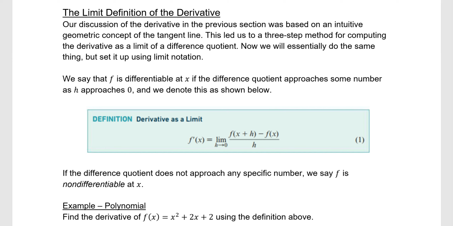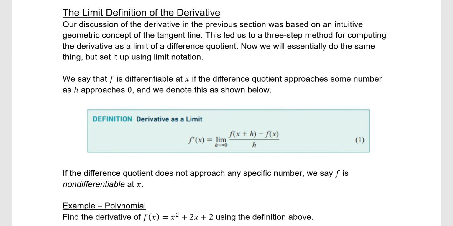Okay, so now for one of the most important things that we're going to do, and for calculus in general, is the limit definition of the derivative. We mentioned this in the last section with the difference quotient, but now we're going to use limit notation.